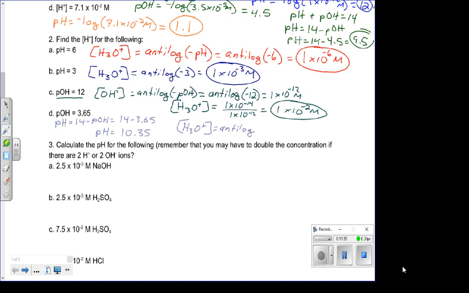And then you can find the hydronium ion concentration from the pH. It's going to be the antilog of negative 10.35.